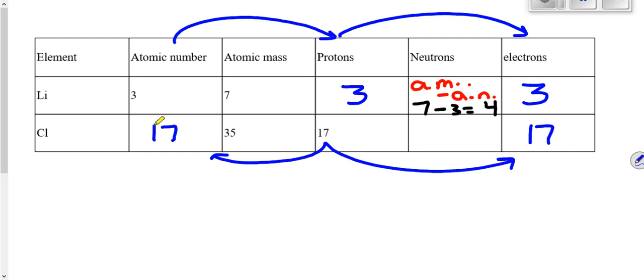How do I find the neutrons? Well, again, atomic mass minus atomic number. It weighs 35, and from that we're going to subtract 17. We will have 18 neutrons in this atom, each atom of chlorine.